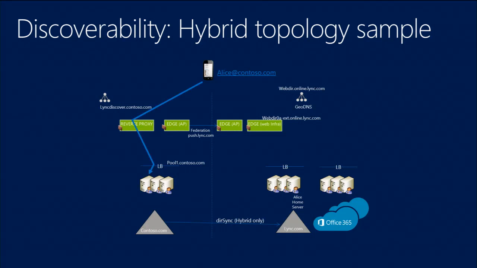So when Alice signs in, she's going to make a request to lyncdiscover.contoso.com. So lyncdiscover.her SIP domain. That request should go to your on-prem pool, right? So your on-prem pool knows that Alice is actually hosted online. So it can respond to Alice, say, Alice, you actually need to go to this other FQDN.